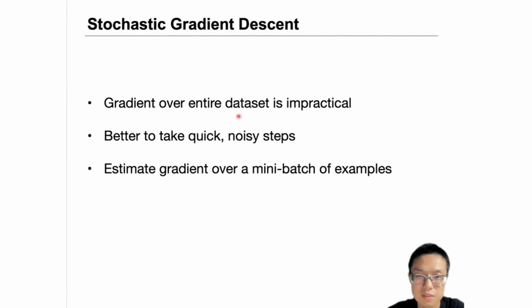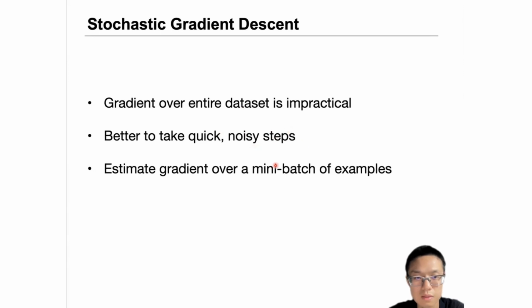If you have a small data set, like hundreds or thousands of samples, maybe accumulating the loss over all the samples and computing the gradient is possible. But for million scale or even larger data sets, doing this over the entire data set is impractical because it will take a lot of time.